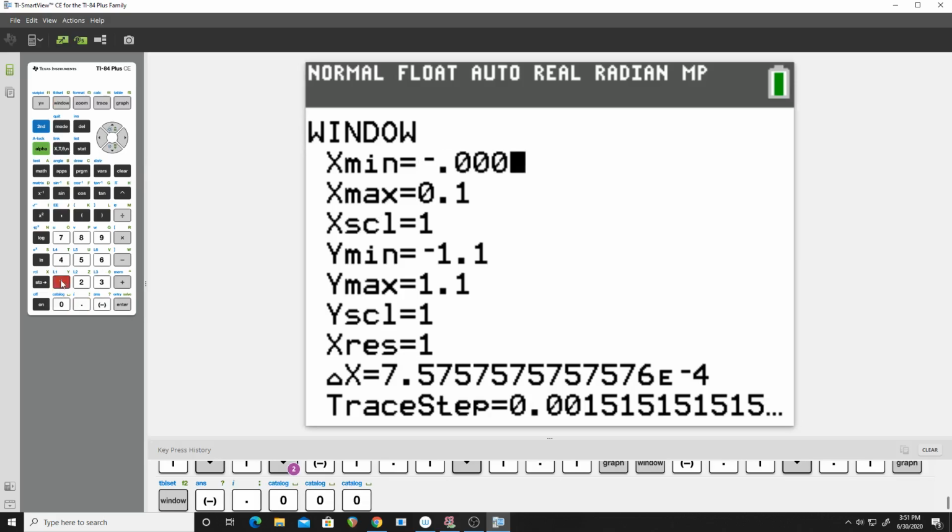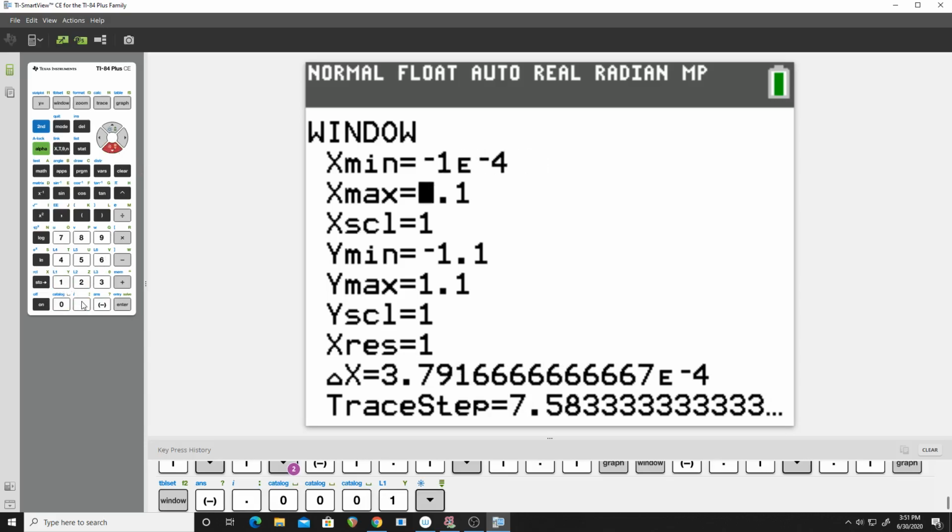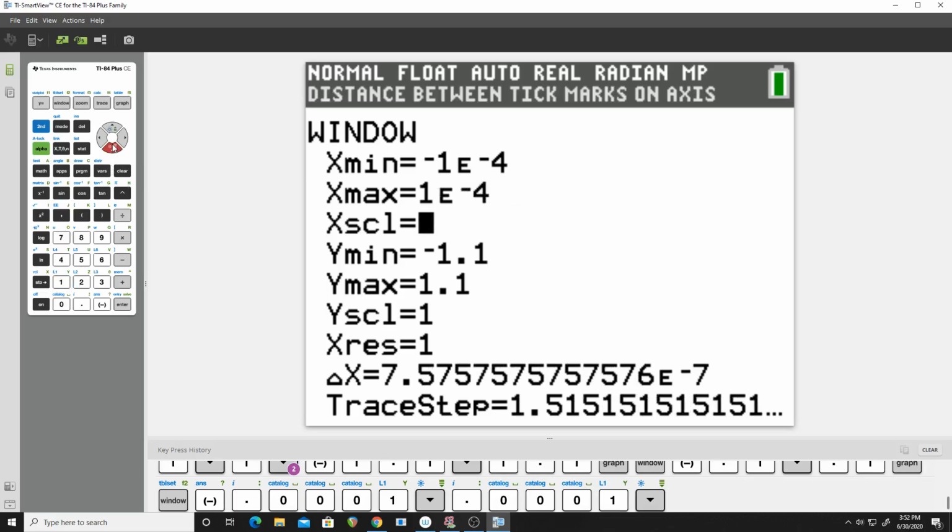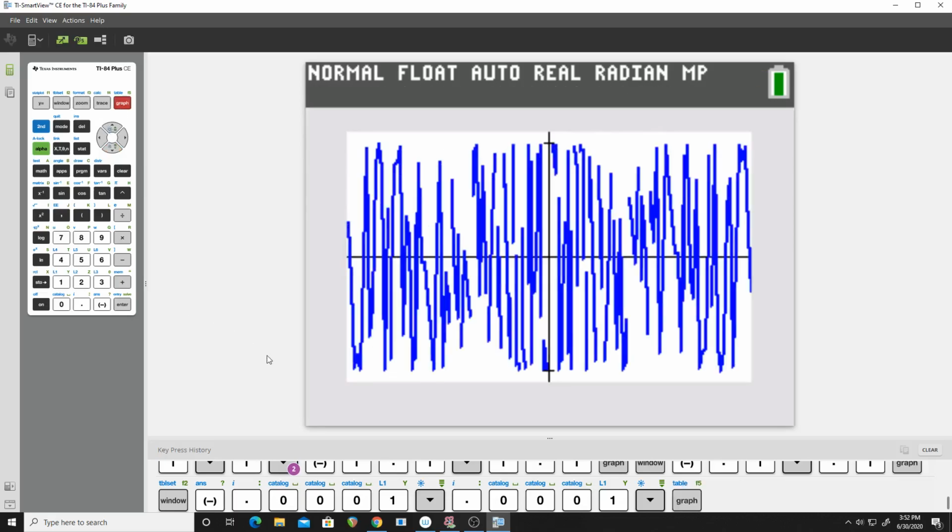Let's throw some more zeros here. Let's graph it. Look at that. It just gets worse and worse.